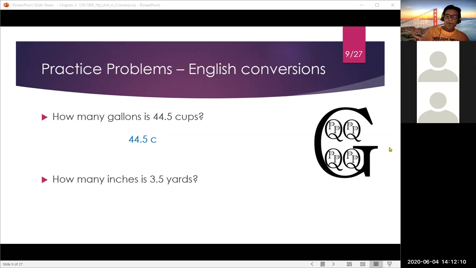So I use my little symbol here. I know that in 1 pint, there are 2 cups. Notice that I put cups in the denominator. Why? Because I want cups to cancel mathematically, leaving me with the units pints. We're not at what we're looking for.